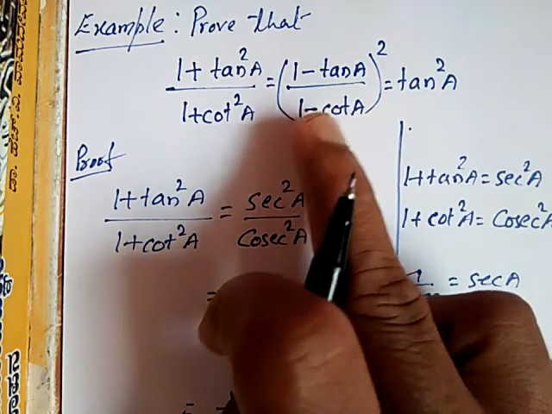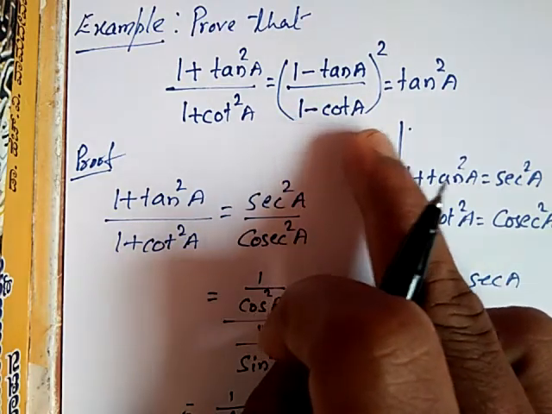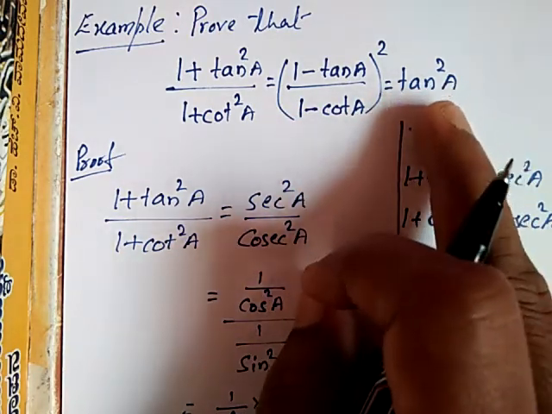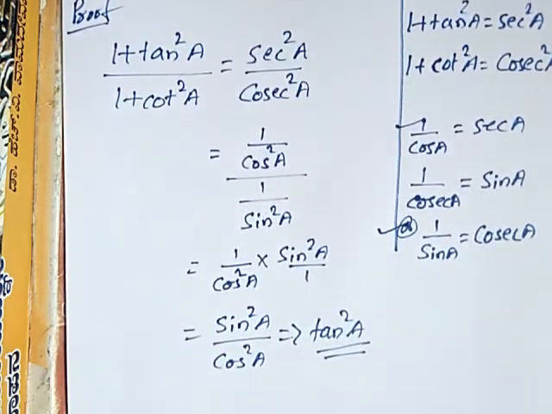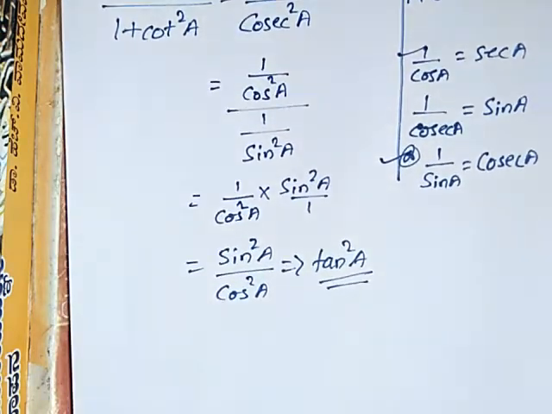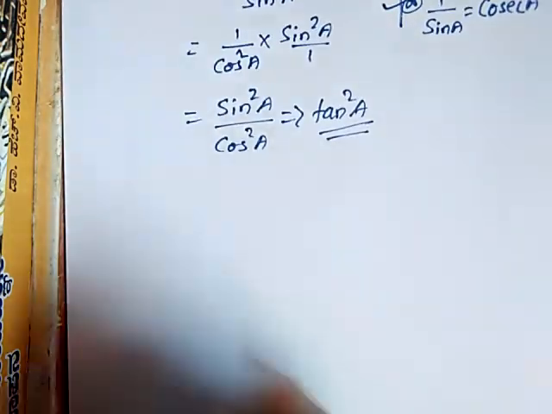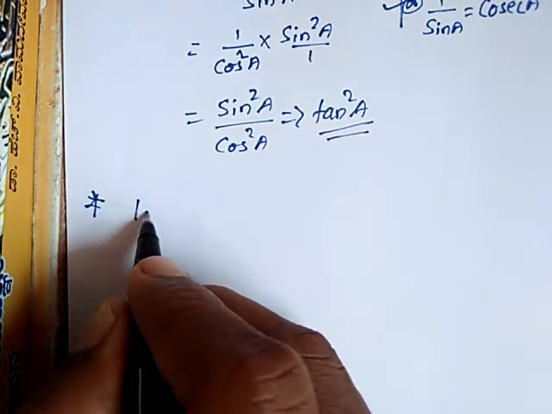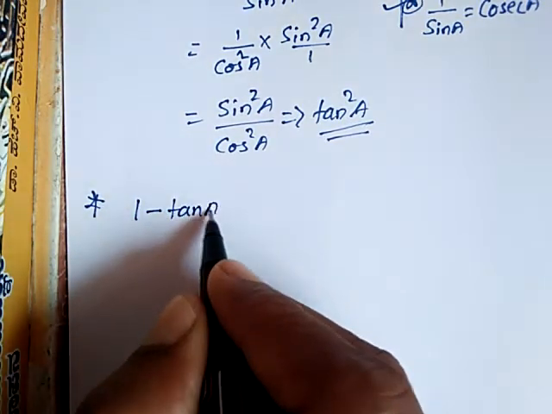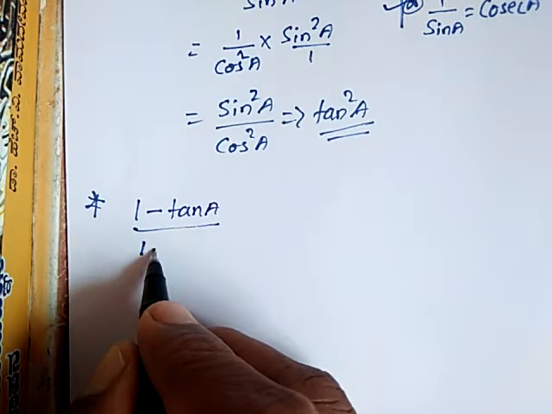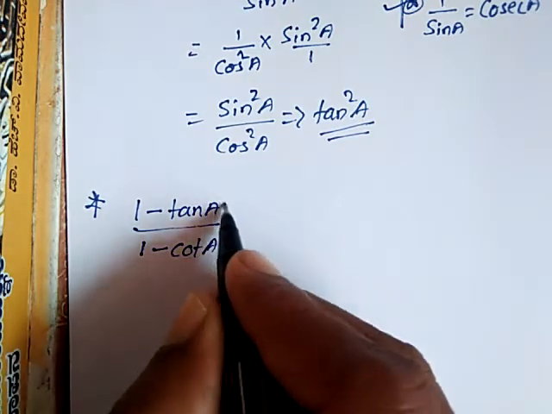Similarly, (1 minus tan a divided by 1 minus cot a) whole square should be equal to tan square a, that we need to prove. So for the second one, it will be 1 minus tan a divided by 1 minus cot a whole square.